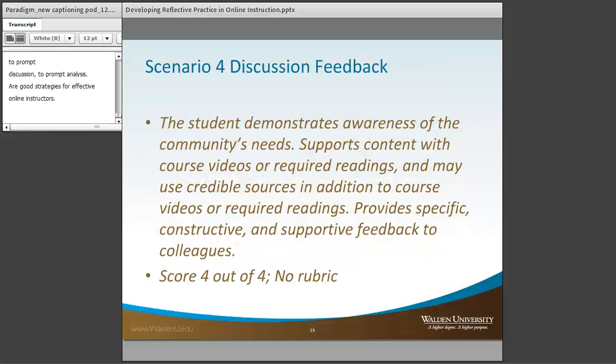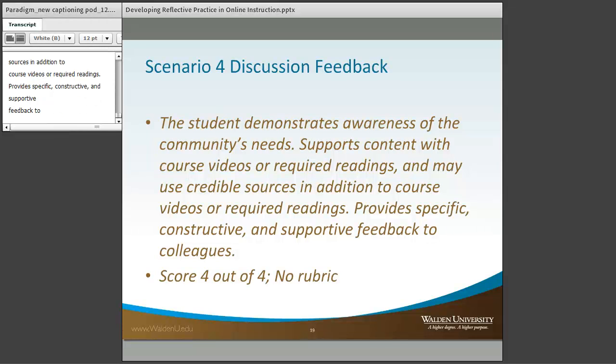One more scenario, and this again is discussion feedback. The student demonstrates awareness of the community's needs, supports content with course videos or required readings, and may use credible sources in addition to course videos or required readings, provides specific, constructive and supportive feedback to colleagues.